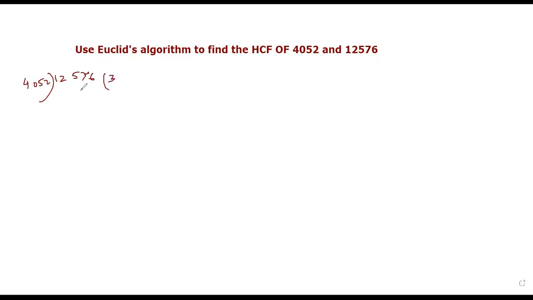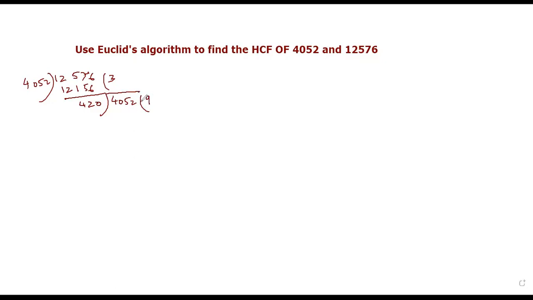When you multiply 3 times, you will get 12,156 and the remainder will be 420. Okay. Now 4,052 divided by 420.